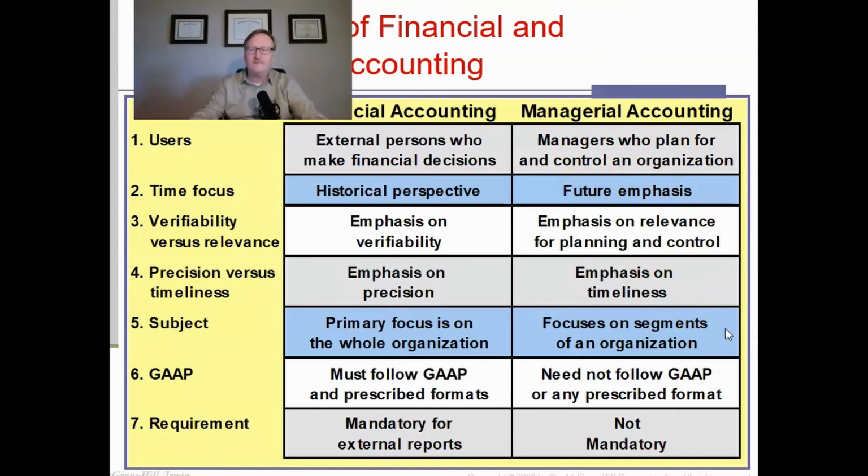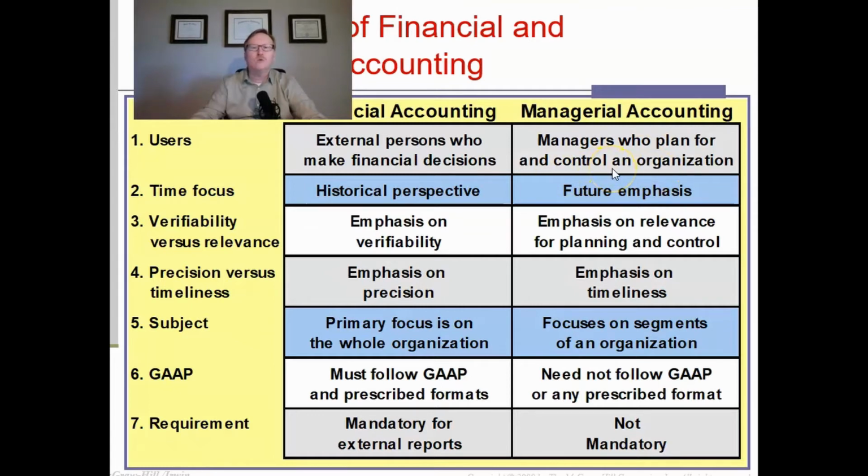You want to be interested in your profit margins and your sales and all those things. And because we're interested in all those things, we don't need to follow GAAP. It's not mandatory. We use what works for us. So you can see I've kind of gone down the whole list, but really number 1 is the users. You can tell by what I'm talking about with the Doritos and Frito-Lay in PepsiCo that this is about managers making decisions about the organization and segments of the organization, and we're planning and controlling the organization.